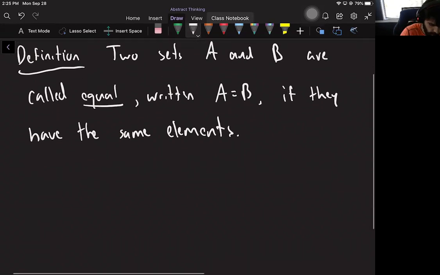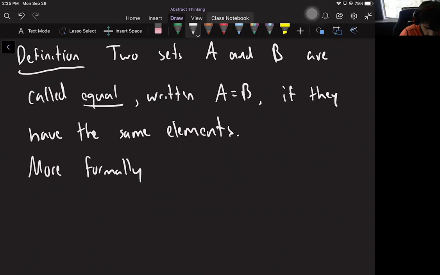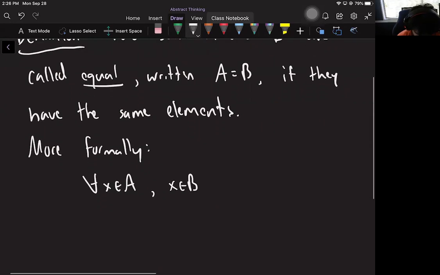But then more formally, the way you would use this definition in proofs is in the following way. For any x in A, well, if A and B have the same exact elements, then that should mean that if you pick something in A, it should also be in B. That would mean that every element in A is inside of B. But then you would also want the reverse to be true.